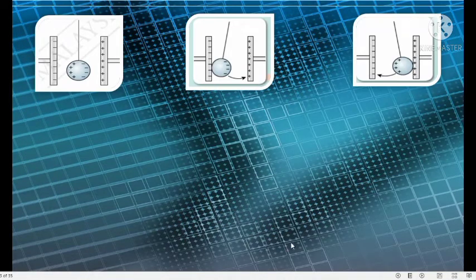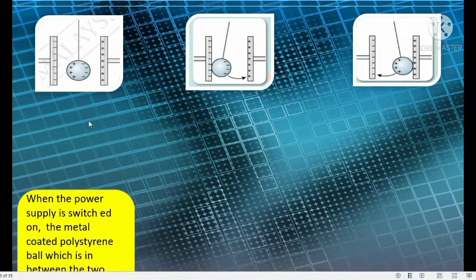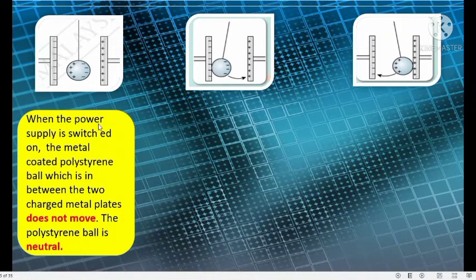How to explain the situation involving the ping pong ball just now? Initially, the ping pong ball wrapped with aluminum foil is neutral. So it just stays at the center here at rest. When the power supply is switched on, the metal coated polystyrene ball, which is between the two charged metal plates, does not move.